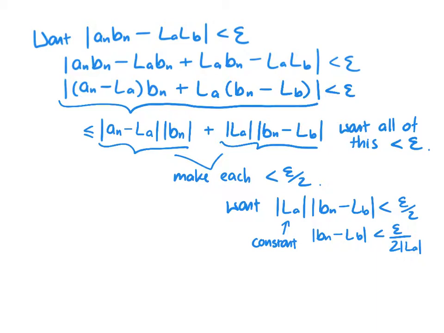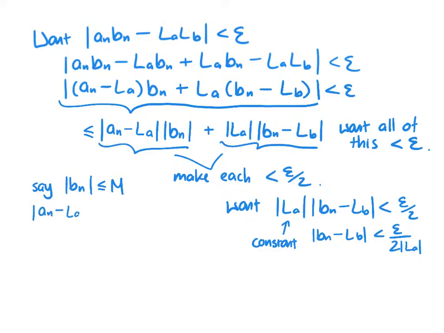Okay, so say the absolute value of b_n is less than or equal to some number M. b_n converges, and every convergent sequence is bounded, so we get that. Here I'm going to write this.